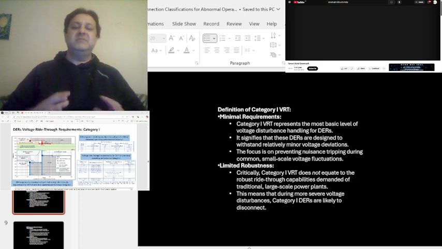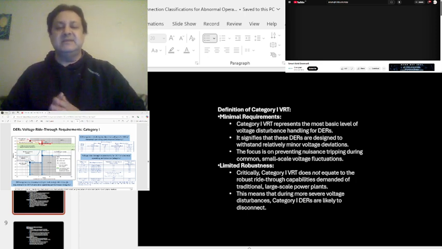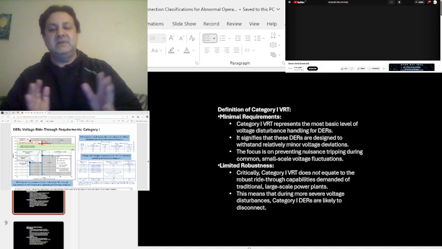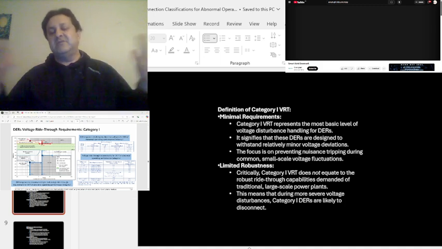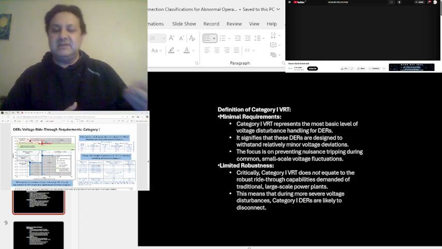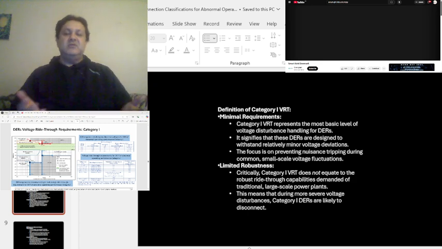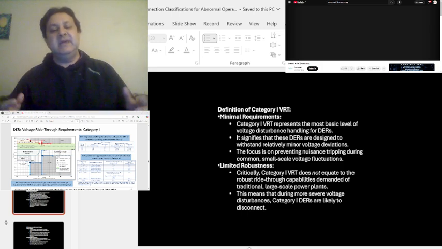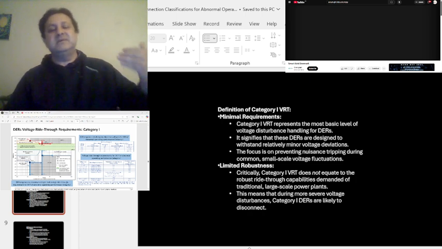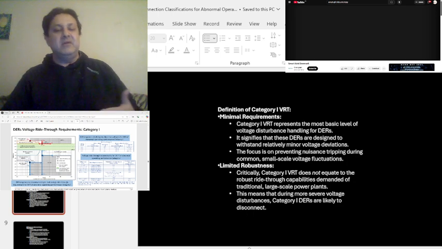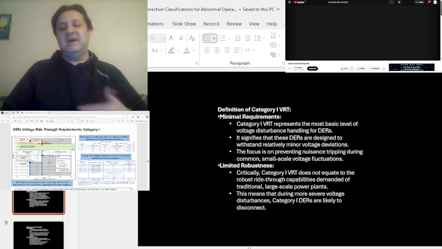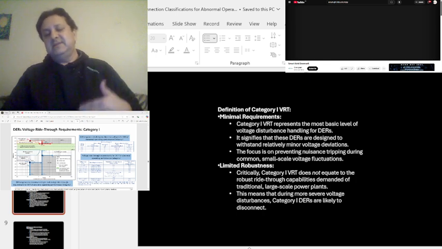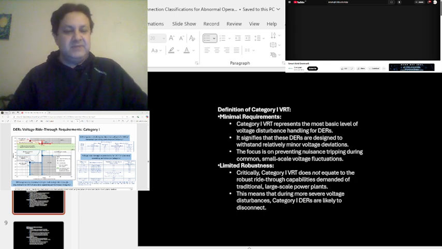So the focus is on preventing nuisance tripping during common small-scale voltage fluctuations, not larger scale. So we can talk about a limited robustness. Of course, it's a limited robustness. Category 1 VRT does not equate to the robust ride-through capabilities demanded of a traditional large-scale power plant. So this is, as I said, for the smaller outages.